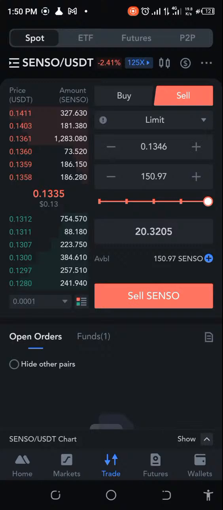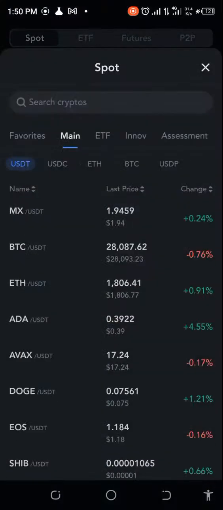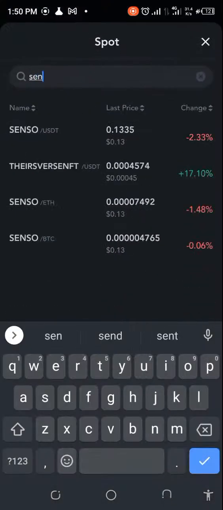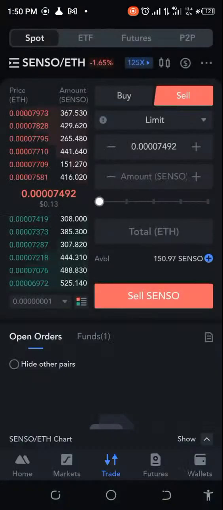It's looking like it's gonna give us back our money. But if we sell back to Senso ETH, which looks like it's climbing, we might likely get more. Oh no, not at all, because this amount wouldn't give us that much.